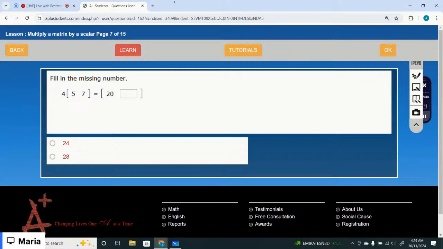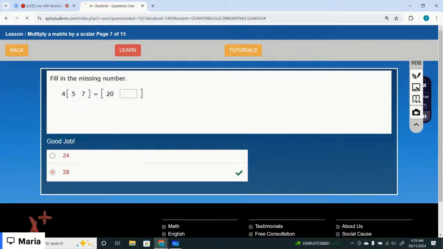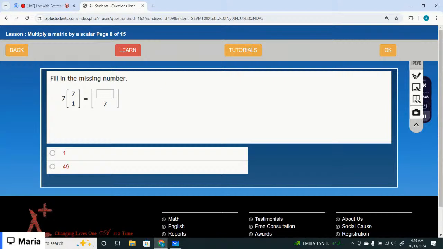Fill in the missing number, that is 4 times 7 is 28. Forty-nine it is. Option number 2 is the correct option.